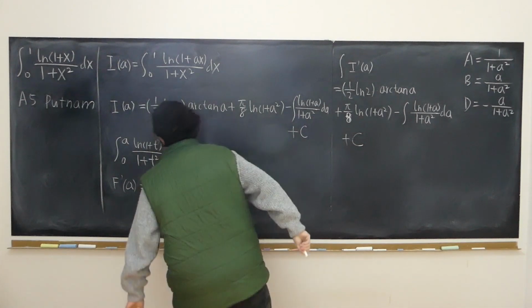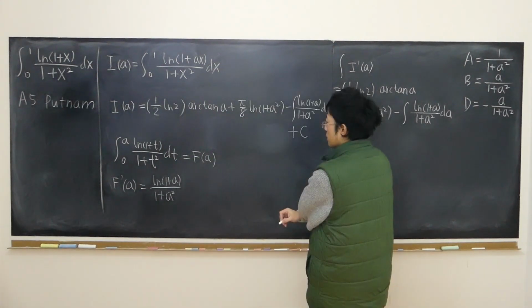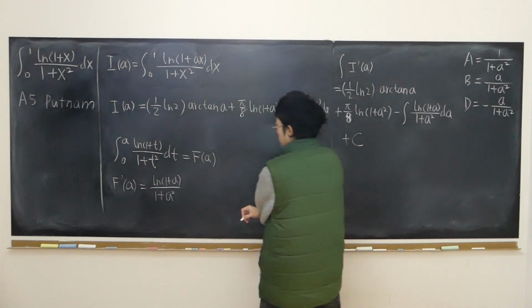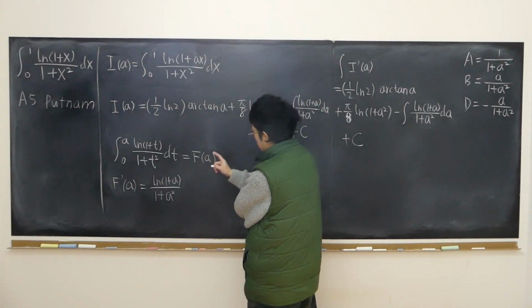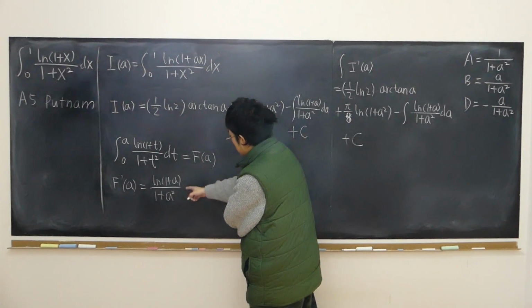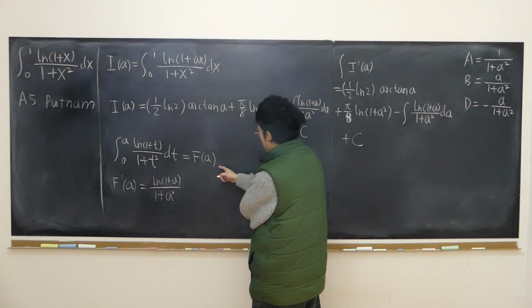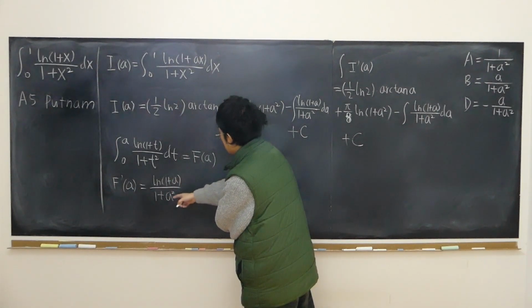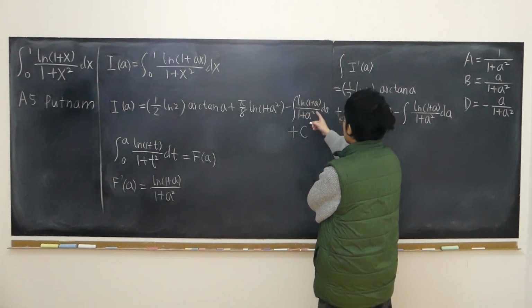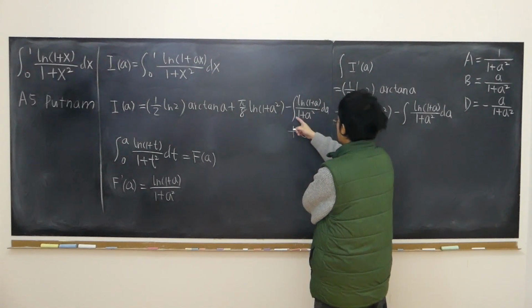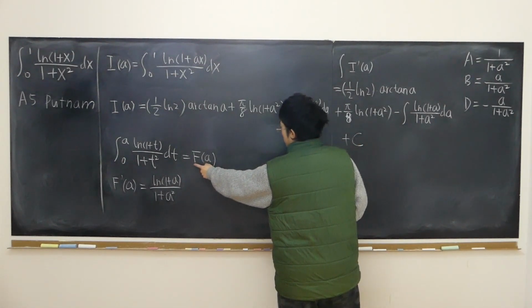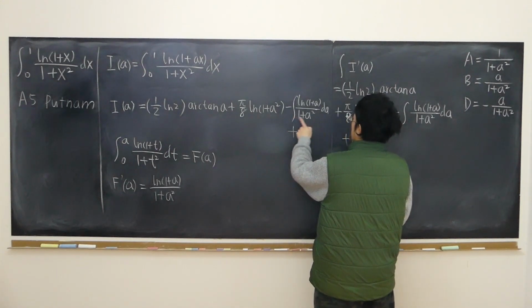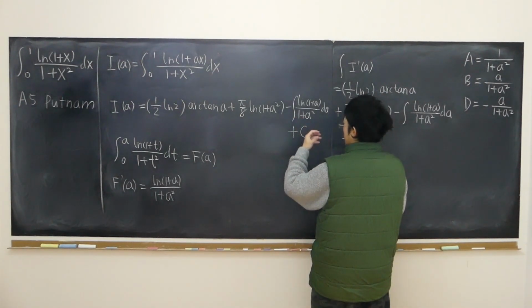Since the derivative of this function is equal to that, this is one of the many, many antiderivatives of this function, and this is also one of the many, many antiderivatives of this function. So the difference between this function and this function should only differ by c, some constant again.